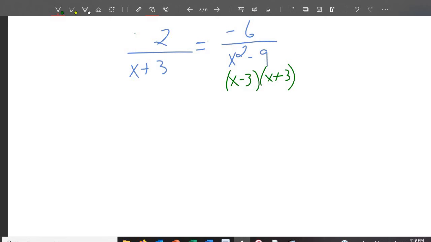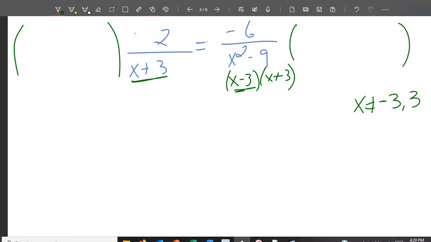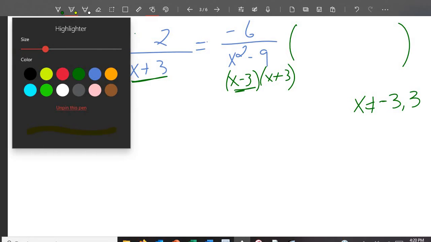Now let's figure out the restrictions. According to this one, x can't be negative 3. Over here, this one, x can't be positive 3. So that's my restrictions. I'm going to put my parentheses next to everything, and we're going to figure out the common denominator.